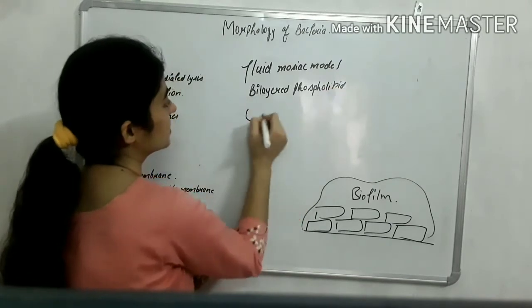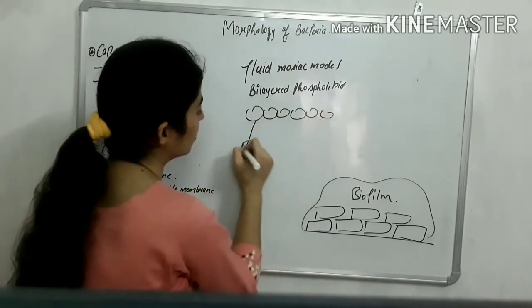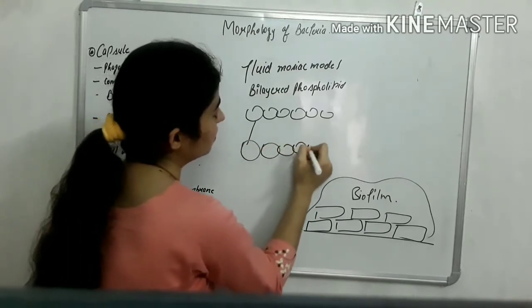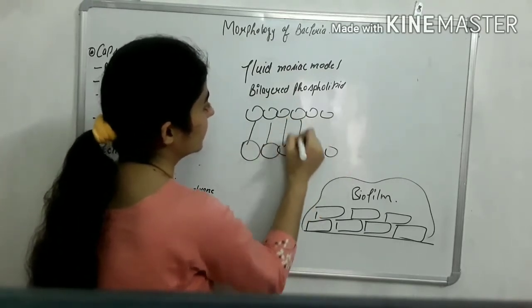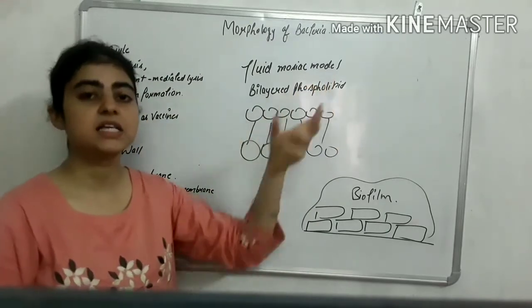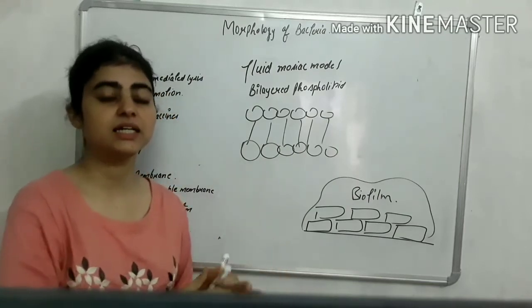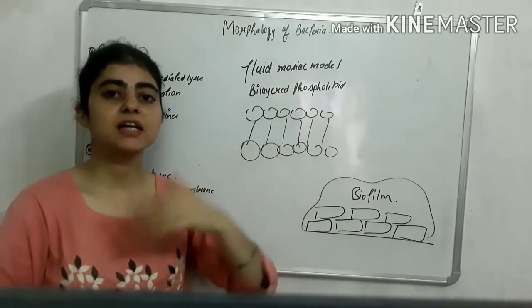For example, this. There are two layers of phospholipid, and in this bilayered phospholipid, some proteins are embedded that are called integral proteins and peripheral proteins.